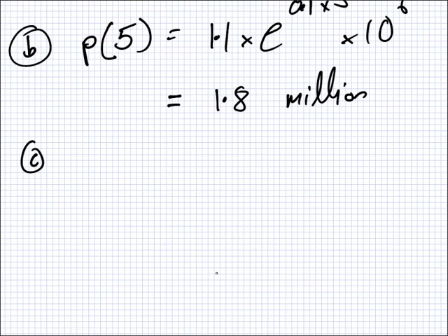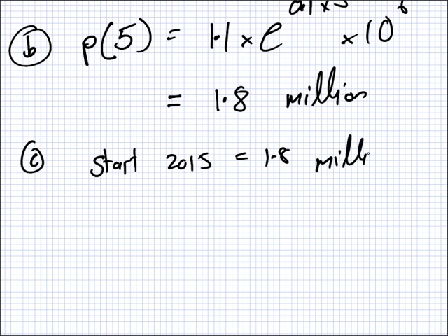So find the predicted change in the population during 2015. In the previous question, it said find the predicted population in Sapphire City at the beginning of 2015. So you know at the start of 2015, you have a population of 1.8 million.